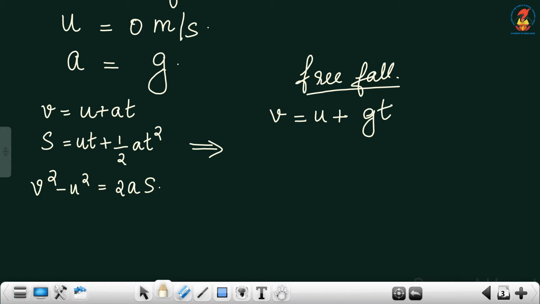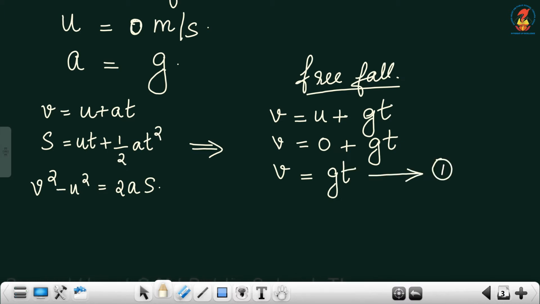In case 1, the initial velocity u is 0 meter per second. So, v becomes 0 + gt, that is, v = gt. This is equation number 1 for the case when a body is dropped from a height.